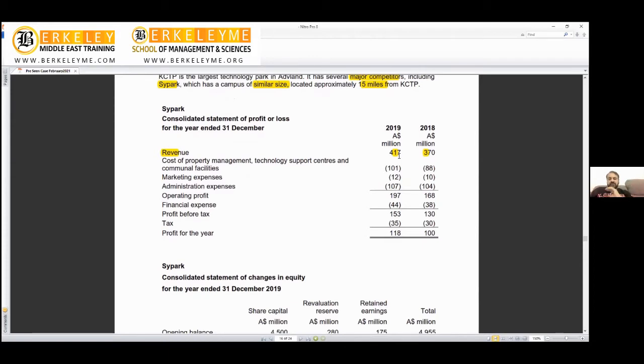But of course, the same thing I told you for KCTP, Sci Park, we have to see the GP sale ratio, operating sale ratio, then later asset sale ratio, asset turnover. So these ratios will tell us who is the stronger business and what the market industry trend is, like the trend of the competitor, of course, and what your trend is.